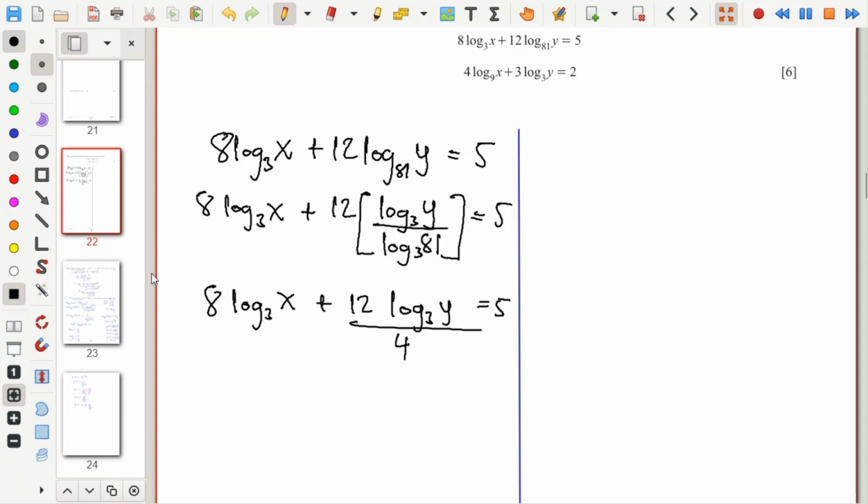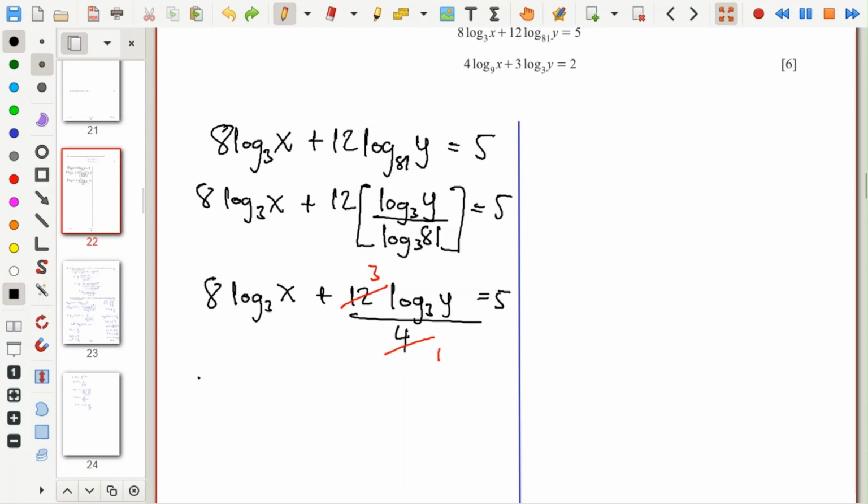And I can cross out here. 4 can go here 1, 4 can go here 3. So this should give me 8 log x to the base 3 plus 3 log y to the base 3 is equal to 5.